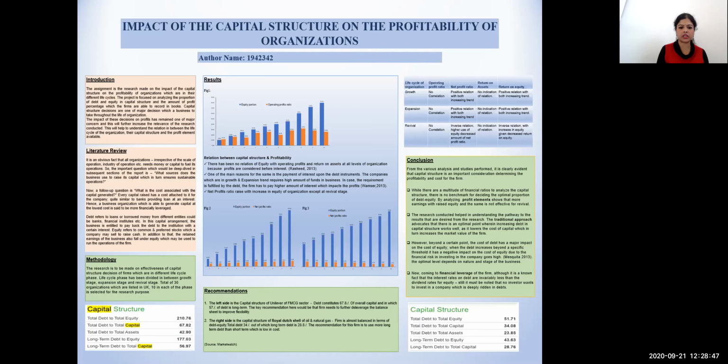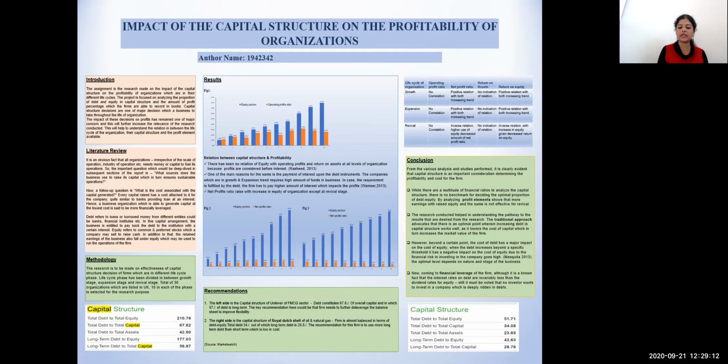The other capital structure, on the bottom right side, is of Royal Dutch Shell. This is oil and natural gas. In this organization, the capital structure is balanced. The total debt is 34% of the overall capital structure, while the long-term debt is 28.8%.